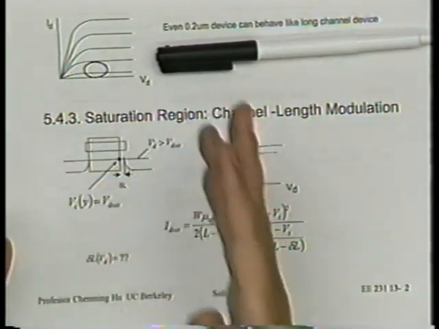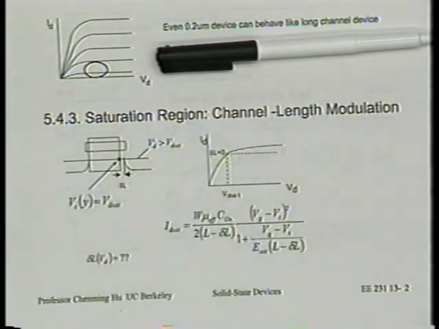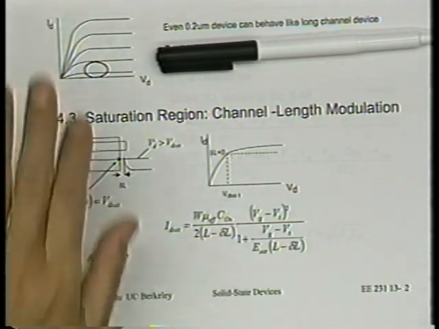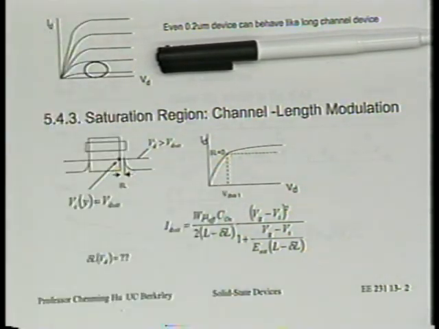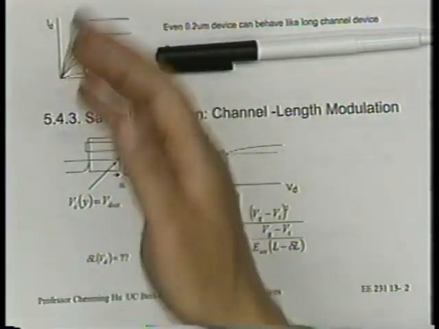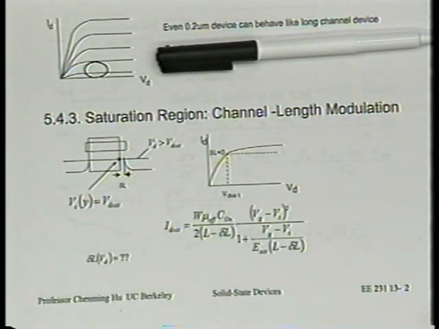We say there's a long channel range and a short channel range. In the long channel range, ID set is proportional to Vg minus Vt to the second power, the so-called parabolic relationship. And in the short channel case, ID set is proportional to Vg minus Vt to the first power. So we use the terms long channel and short channel.